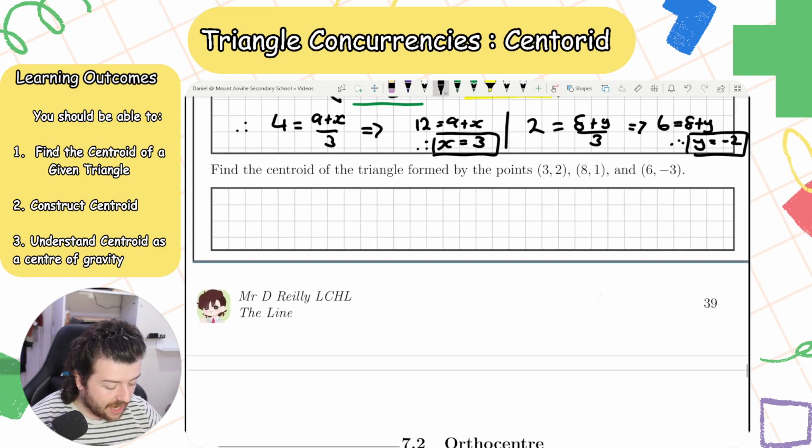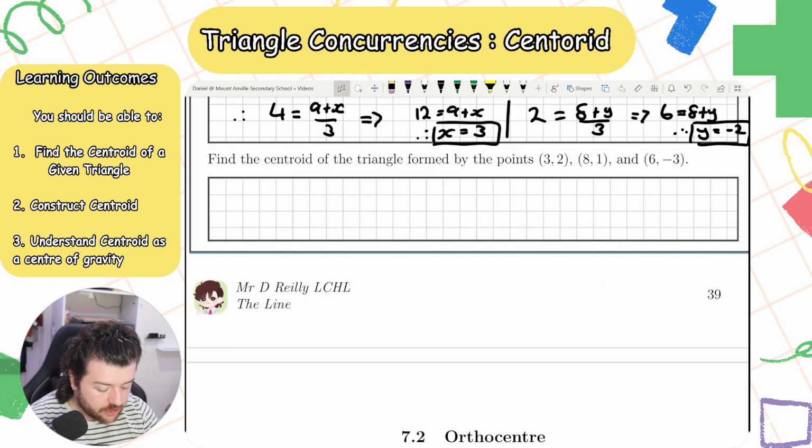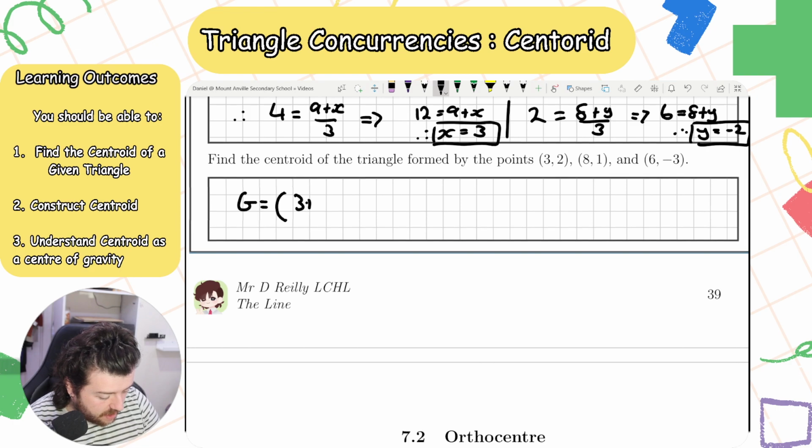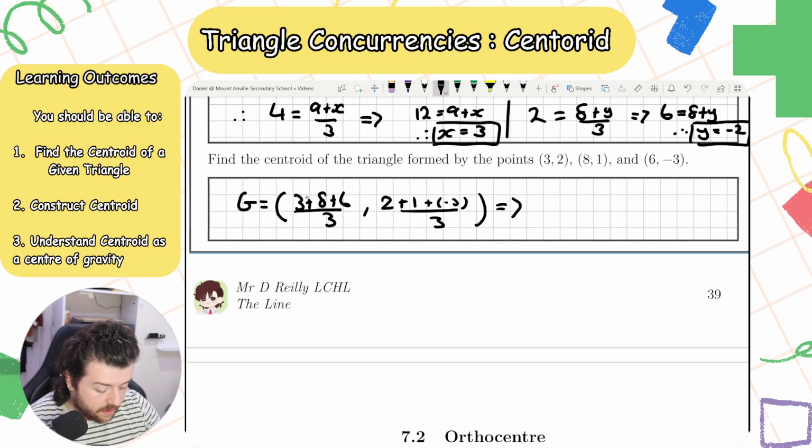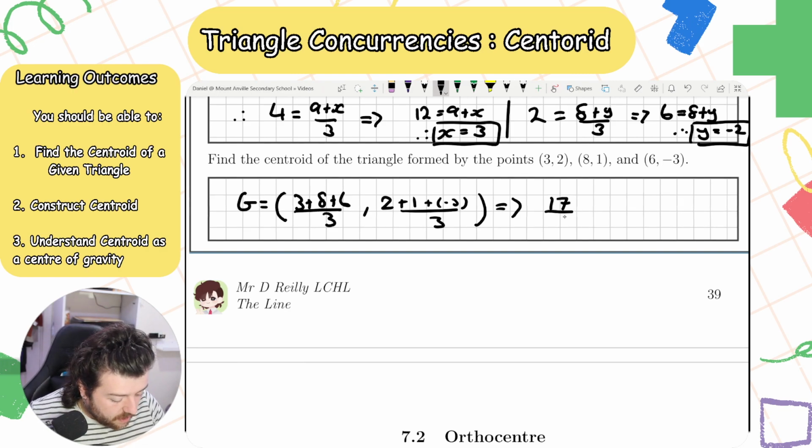Then finally, the last question here. Find the centroid of the triangle formed by these points. Again, we're just asked to find the centroid. So the centroid is (3 plus 8 plus 6) divided by 3 as my x-coordinate, and (2 plus 1 plus minus 3) divided by 3. 3 plus 8 plus 6 is 17, all over 3.